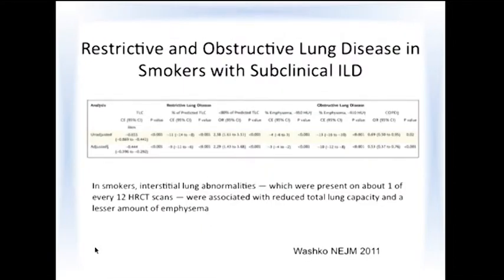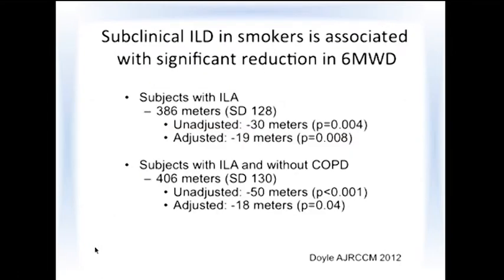The bottom line of the paper was that these interstitial lung abnormalities were present in about 1 of every 12 HRCT scans, and they were associated with reduced total lung capacity and lesser amounts of emphysema. So the individuals who had fibrosis in these CT scans showed some overlap, but they didn't tend to be the same individuals who had the emphysema that was the original question in this study.